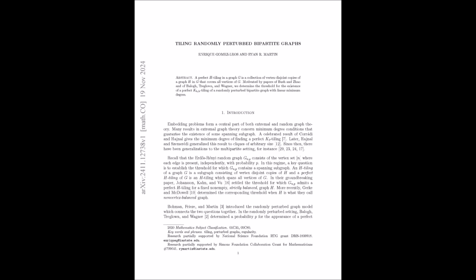Any clusters that don't fit into the star tiling get added to a leftover set V_0, and they make sure they have the same number of stars centered in A as in B to maintain that balance. Okay, strategically placing those stars to set things up for later. Exactly. And then they very carefully bound the size of that leftover set V_0 to make sure it's not too big. So far, it seems like a pretty standard approach.